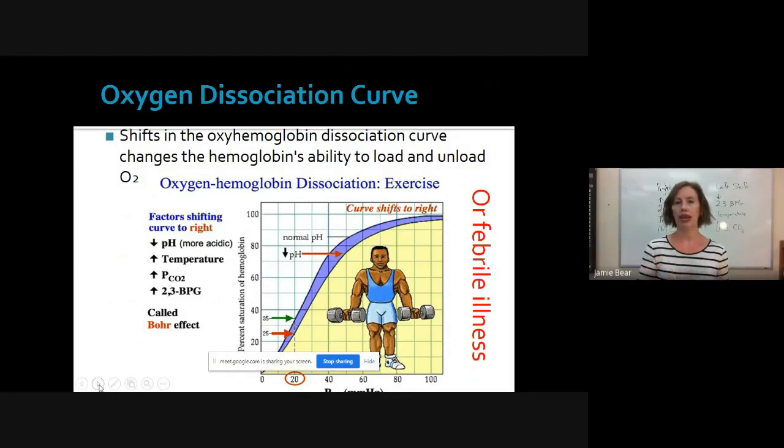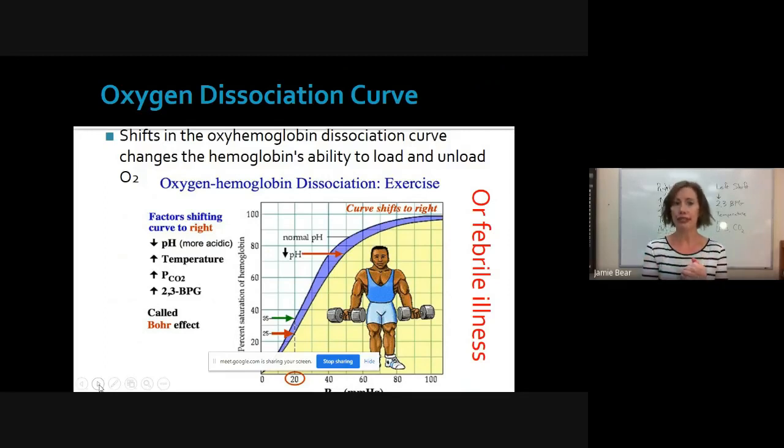If we have a right shift, that means oxygen will have a lower affinity for hemoglobin, and so oxygen will more easily jump off onto our tissues. When we have a left shift, that means the tissues don't need as much oxygen, so hemoglobin and oxygen will have a higher affinity for each other and bind stronger, and the hemoglobin won't release the oxygen to the tissues as easily.